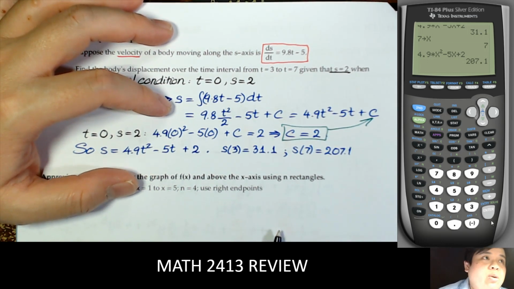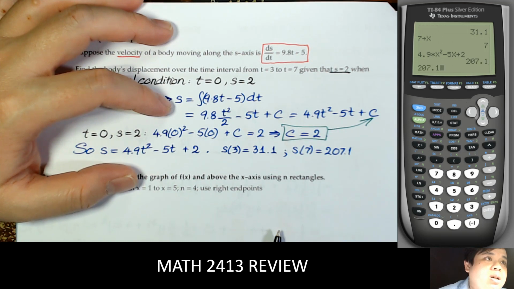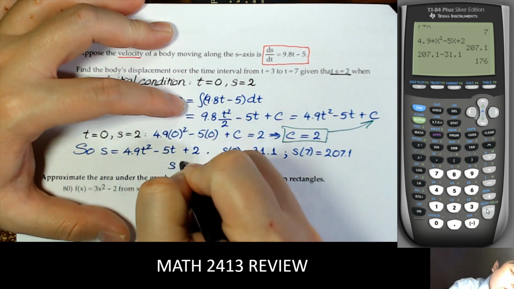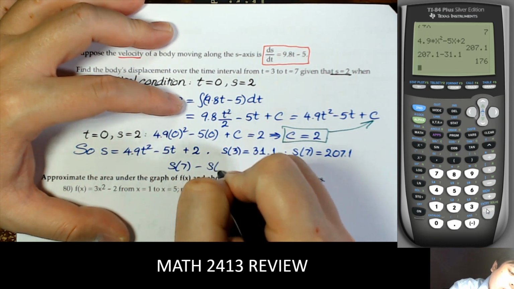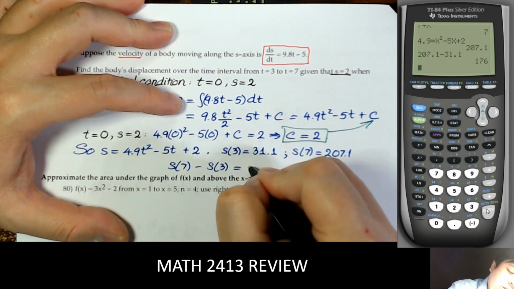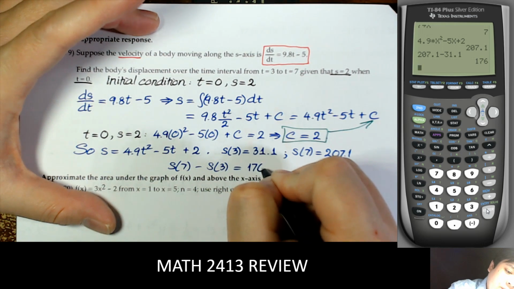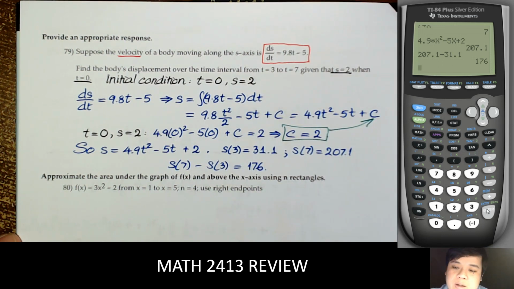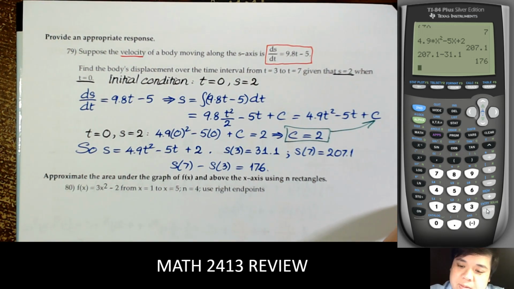Again, on the calculator, if we highlight the numbers and subtract, that's 176. So s of 7 minus s of 3 is 176. So that is the difference in position from 3 to 7.